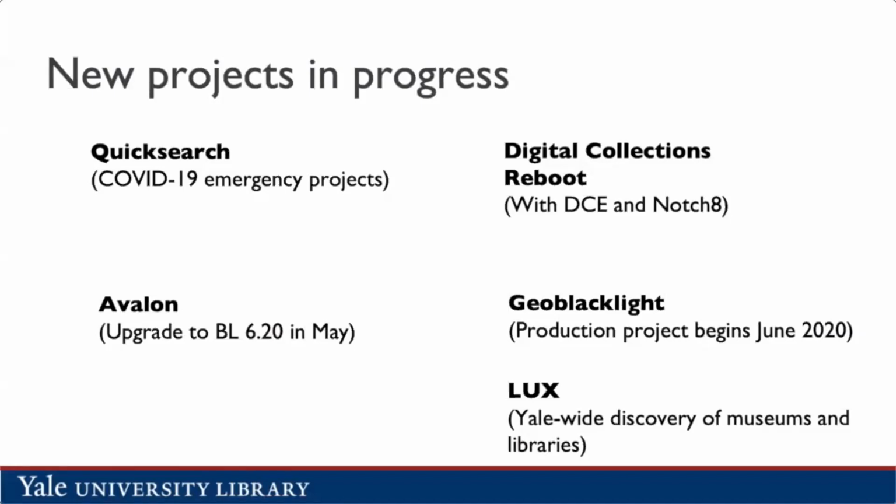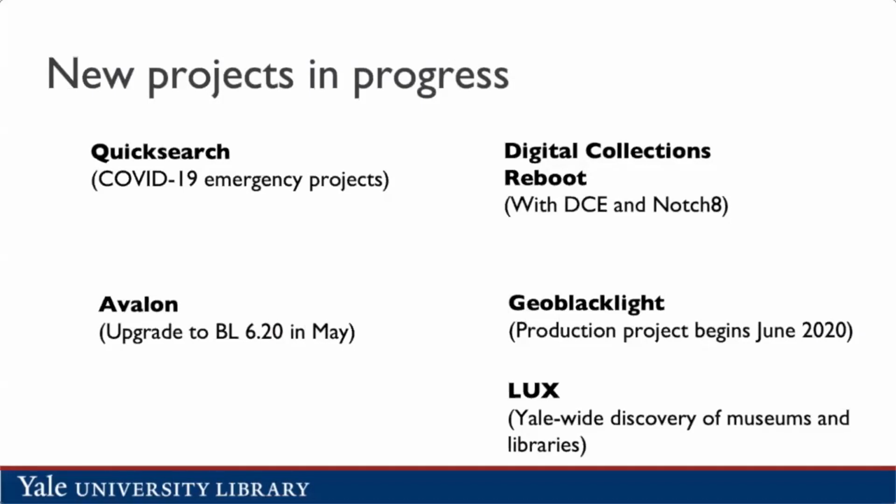We will be upgrading to Blacklight 6.20. And then finally, within the library, we're also getting ready to kick off a production project to implement GeoBlacklight in June of 2020. We stood up a proof of concept instance earlier last year. That was really successful. So we're looking forward to getting started with our production project.